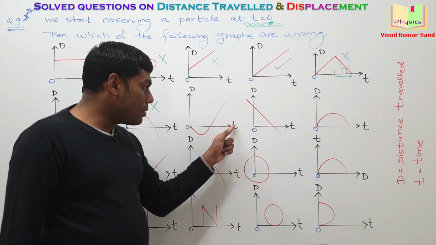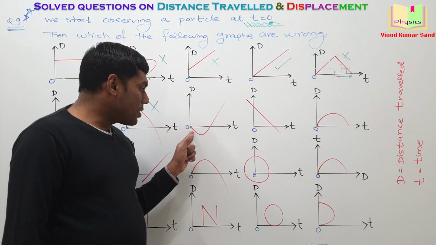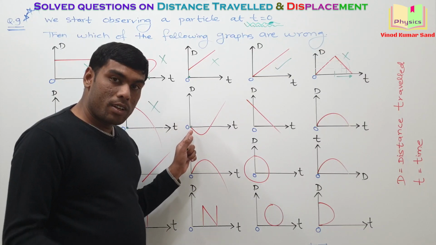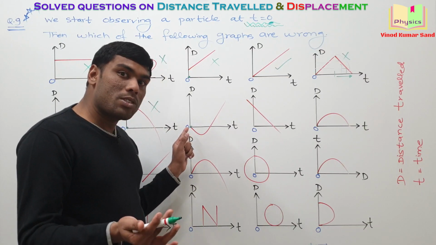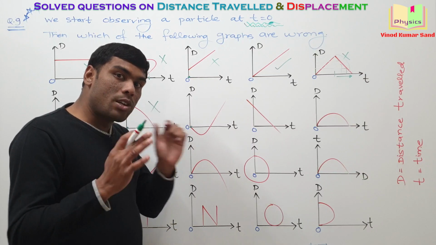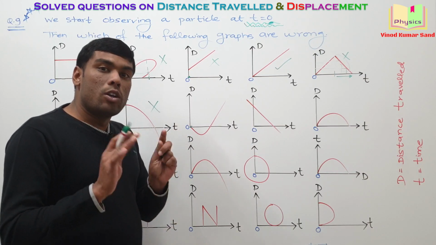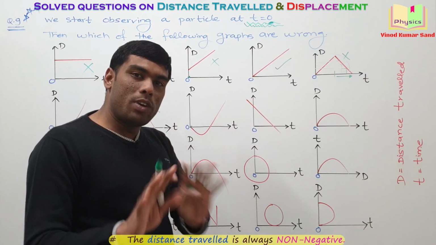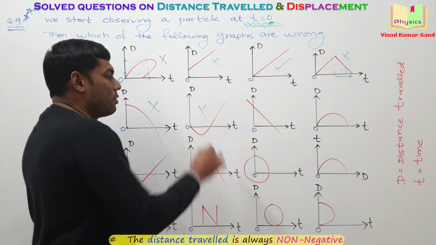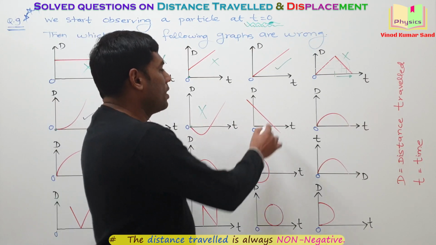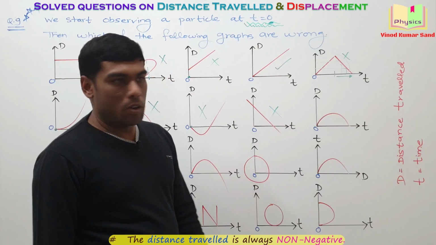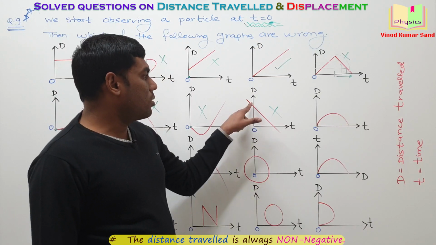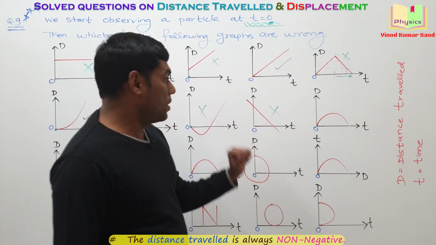But as the time is increasing, the particle is traveling negative distances. Can the distance traveled be negative? No, distance traveled is always non-negative. So this graph is wrong. Similarly, this graph is also wrong because at t is equal to 0, we have non-zero distance traveled.